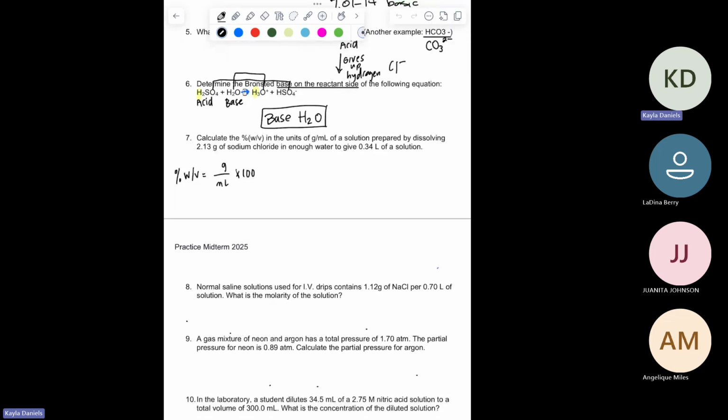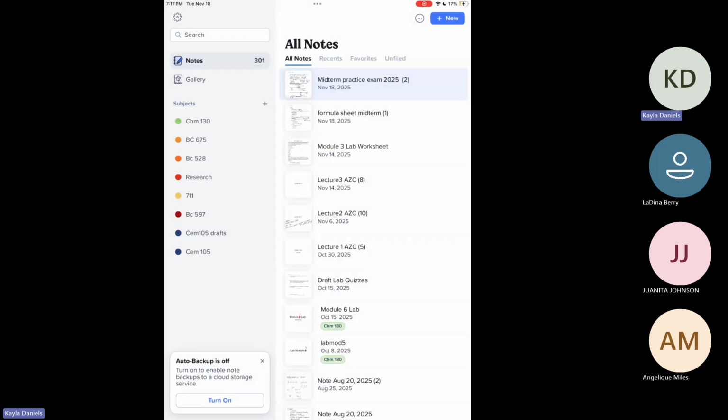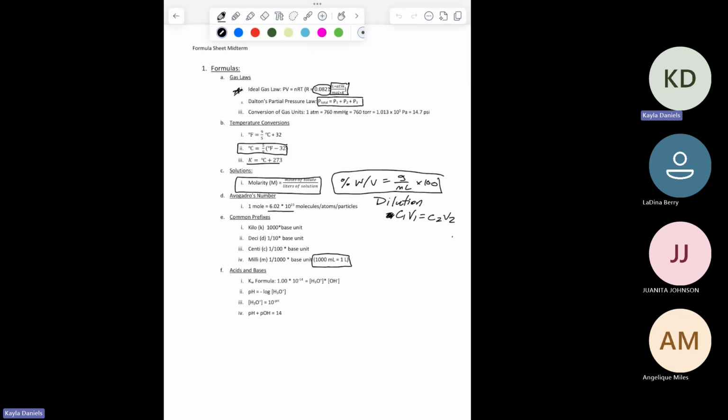Here is my grams. That's ready to plug into the equation. Here is my liters, so I have to go from liters to milliliters before I can plug this into the equation. Also on the formula sheet is the conversion factor from milliliters to liters.